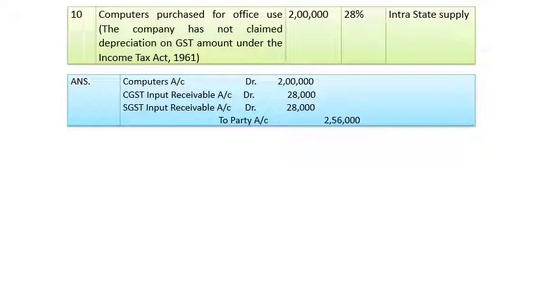So remember, whenever the company is not claiming depreciation on the GST amount, credit of the GST amount is available. If credit is available, then we will record it separately.